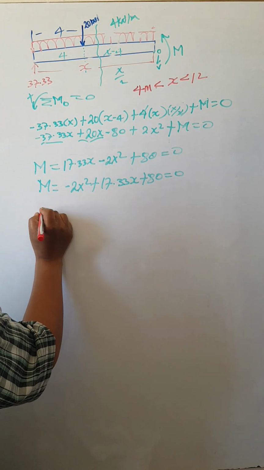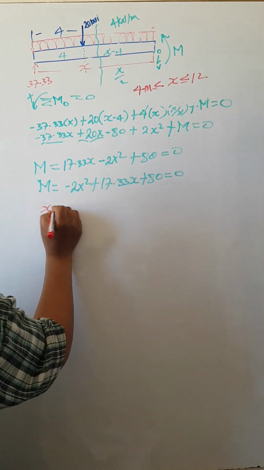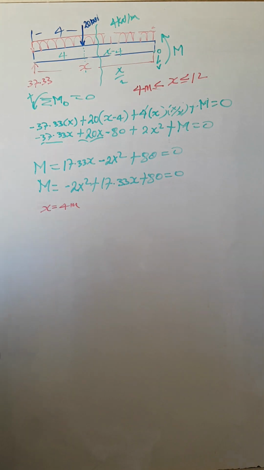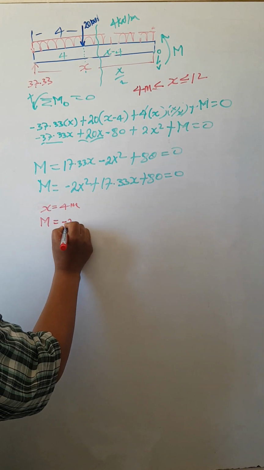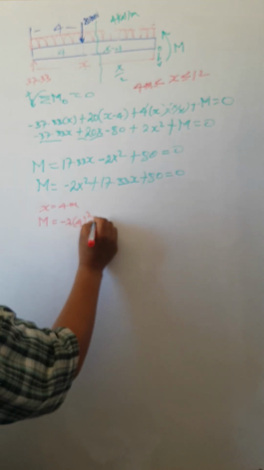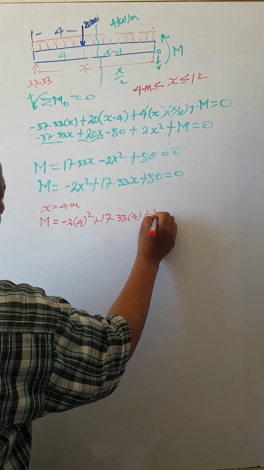When x is equal to 4 meter, moment at 4 meter is equal to -2 times 4 squared plus 17.33 times 4 plus 80.